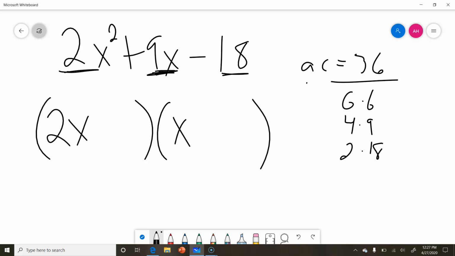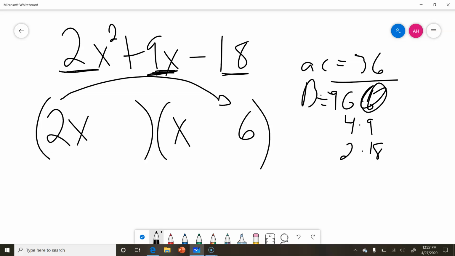It's going to give me this b, which is positive 9, okay? So I know I'm going to have something times something that's going to give me a bigger number, right? So I have 6 and 6. It looks like that's going to have to be what I do right here. This 6 is going to be what I choose. So I do a 6 here, and you see that this is going to be a total of 12x.